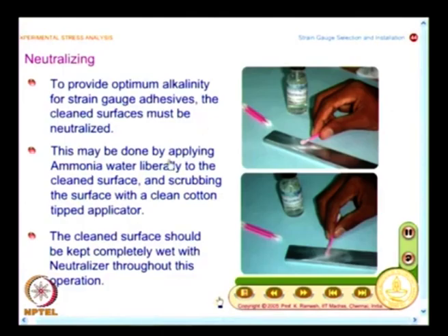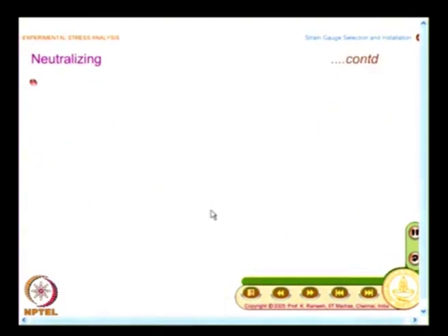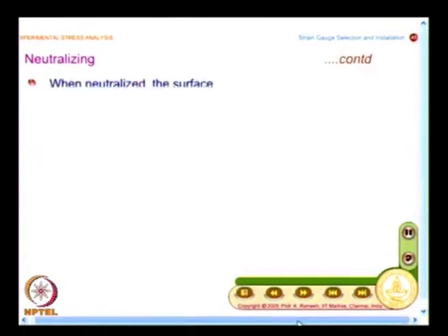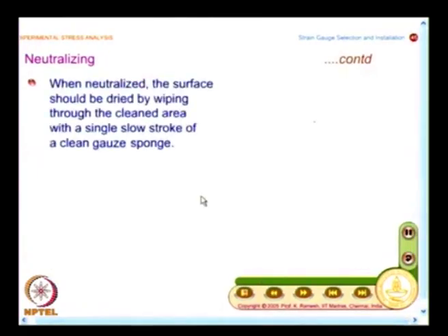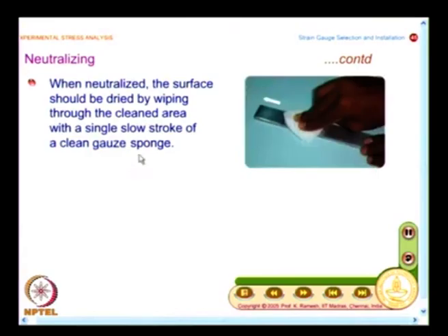This can be done by applying ammonia water liberally to the clean surface and scrubbing with a clean cotton tipped applicator. Again you must keep the surface wet with neutralizer, and as before wipe it dry with a slow stroke of clean gauze sponge.